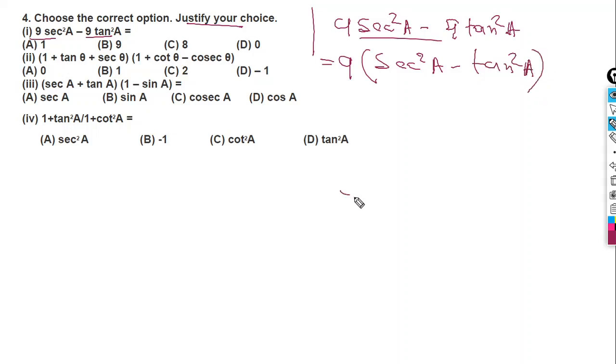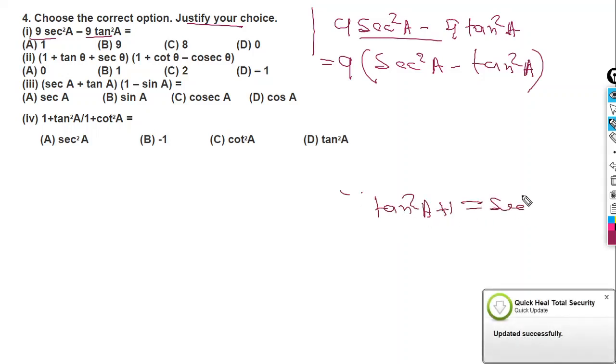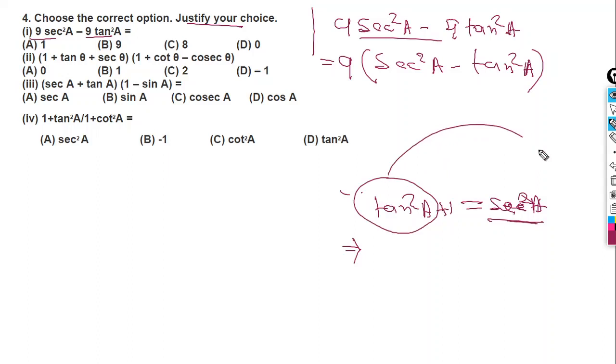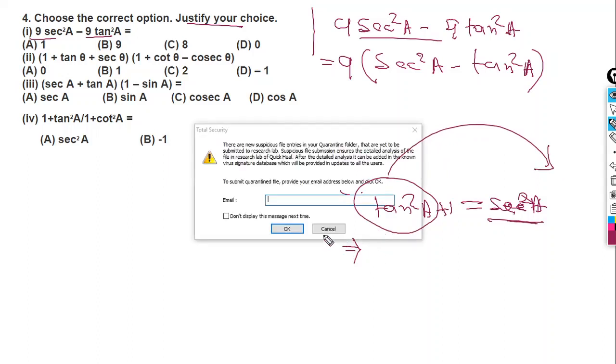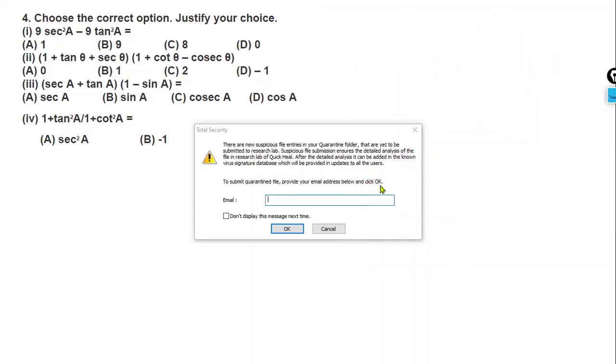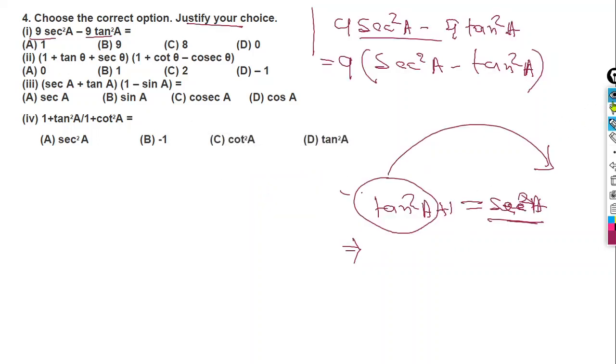If you remember, a formula was there: tan square A plus 1 equal to sec square A. Now you can write it like this, sec square A, now this tan square A will be transposed here, then 1 will remain, 1 equal to sec square A minus tan square A. Now sec square A minus tan square A is equal to 1.